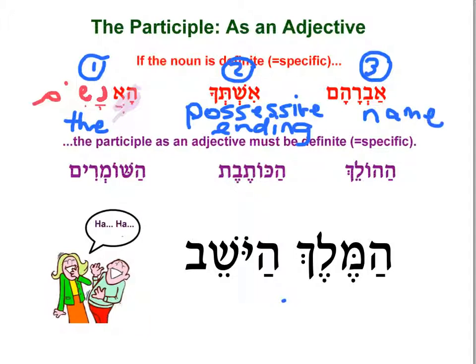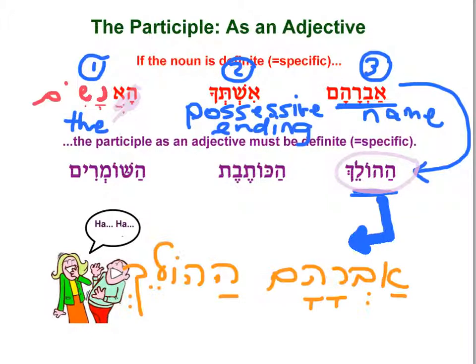So if I take any of these, like let's take Avraham, the third one, and I combine it with a participle that's definite, because Avraham's specific, and here we have masculine singular, so Avraham ha-holech.